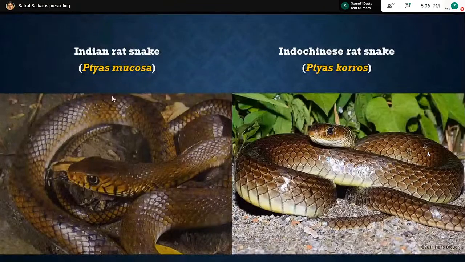And this Ptyas mucosa is present all over West Bengal, I mean all over India, up to the Indian boundary, not strictly maybe. Both of them have at least some overlap in their distribution in North Bengal.